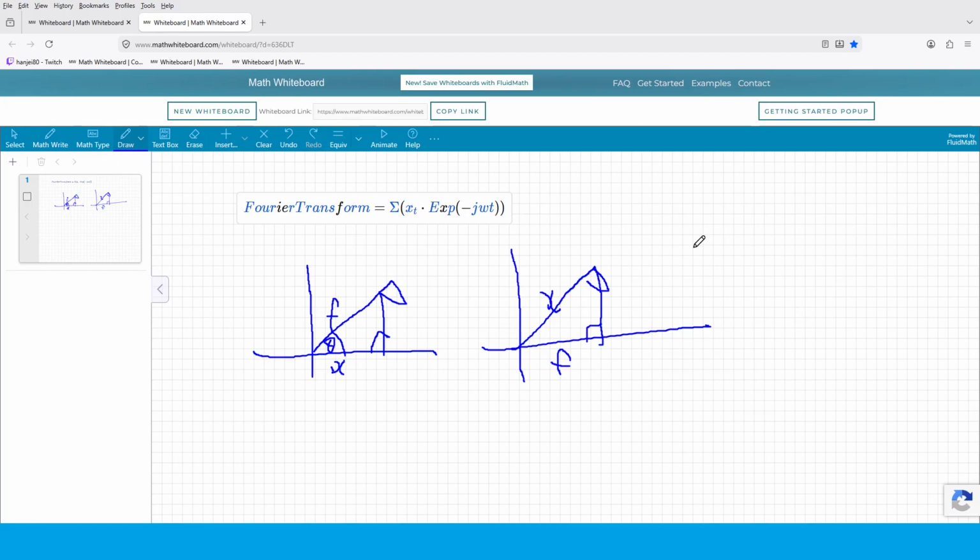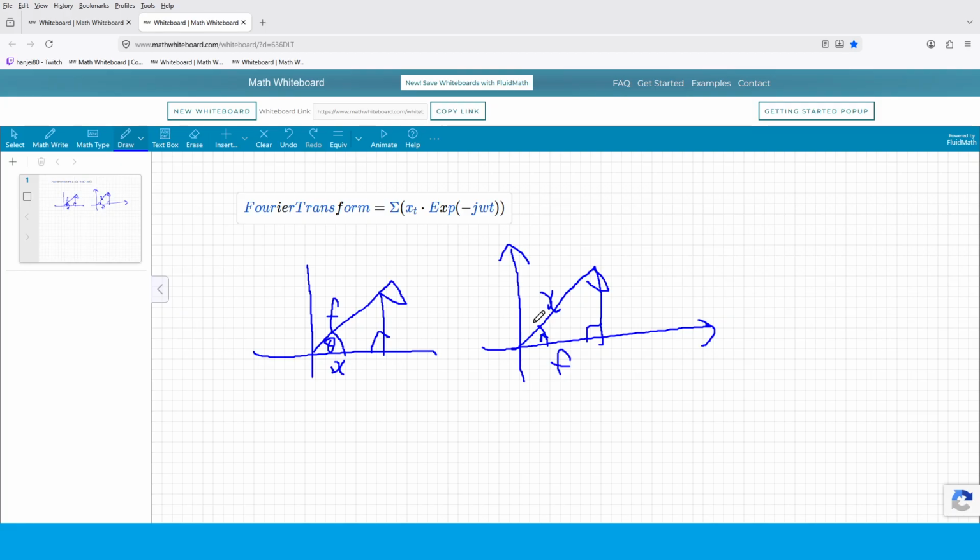You can readjust the phase, not just the phase, but you can adjust this x-axis and y-axis accordingly. You can switch them around, and you just adjust the f and x. The theta will still be the same. It'll still be adjacent over hypotenuse, and so that's why it's a dot product, right? So it's a shadow. It's how they shadow each other, right? And so that's a Fourier transform.